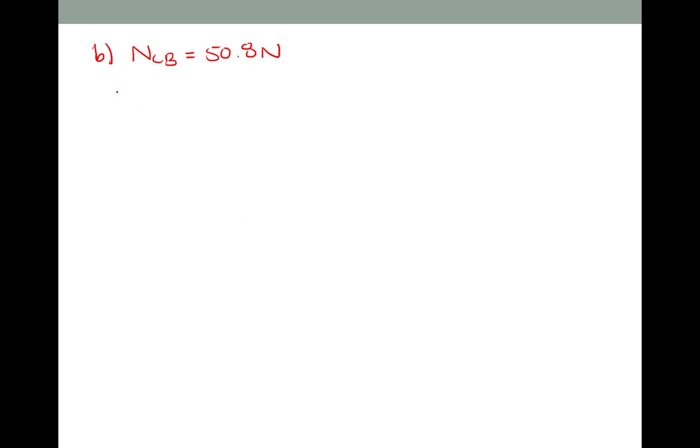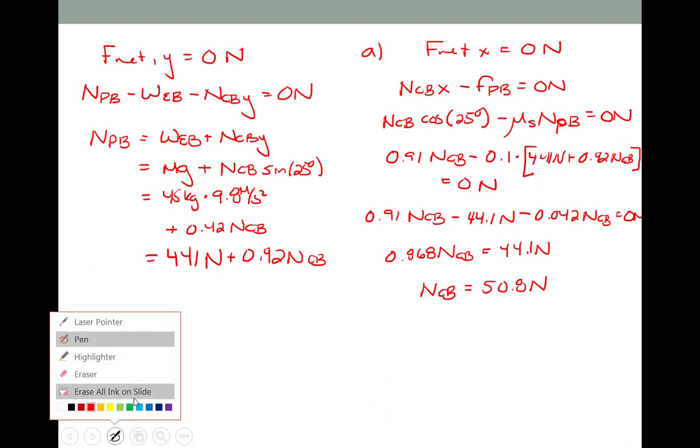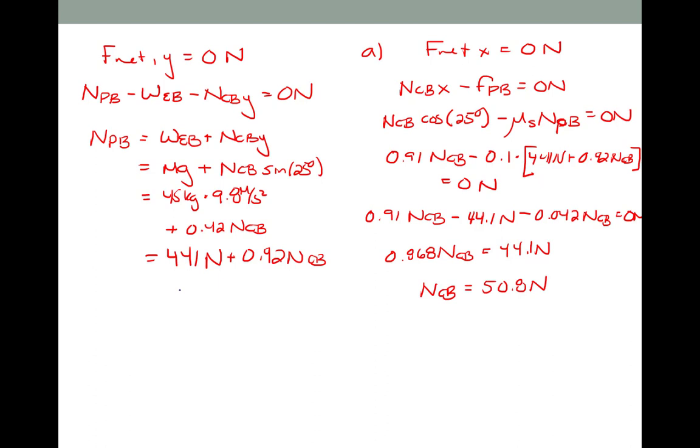I can now find the value of the force of friction between the pond and the block using the formula that I found in part A. The force of friction from the pond on the block will be the coefficient times the normal from the pond on the block.